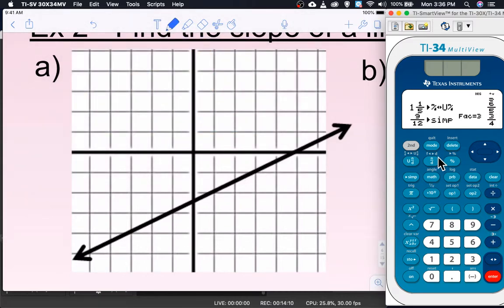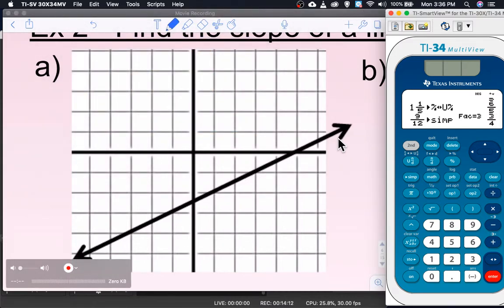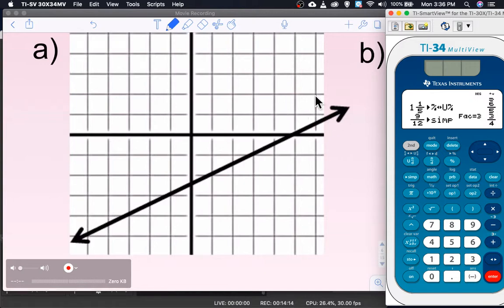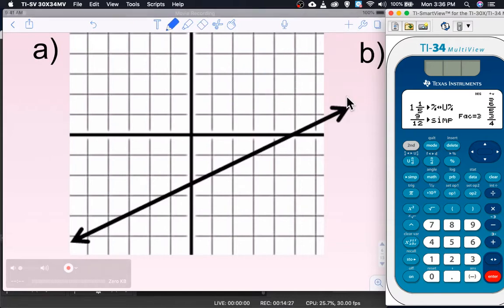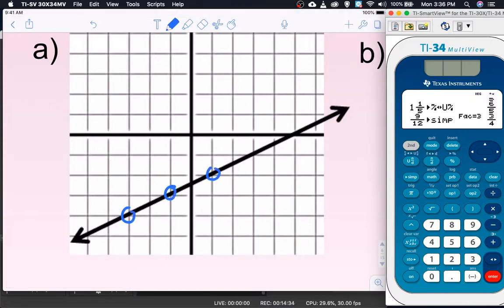I'm looking at my line here, and I'm looking for where does my line go right through any of these little crisscrosses on the grid. They're called lattice points. Each of these little crisscrosses are lattice points. Well, I'm looking for where does my line go through any of them. Exactly. And I'm seeing there, there, there, there, there.